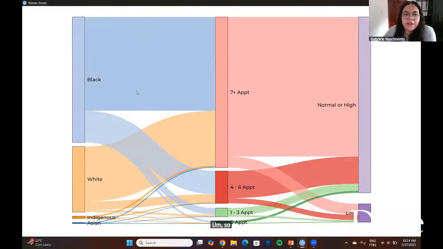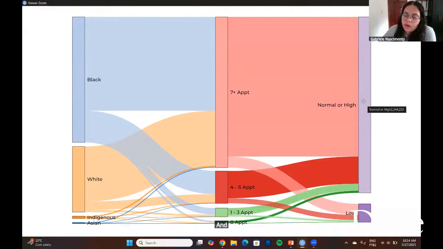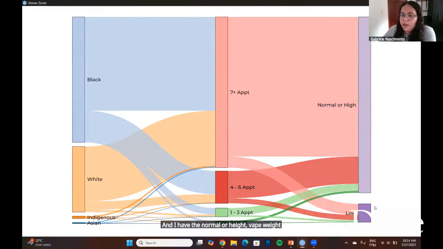So the first column with these boxes are the races. So I have the Black, White, Indigenous, and Asian. And here I have the number of appointments with 0, 1 to 3, 4 to 6, and 7 or more. And I have the normal or high baby weight and the low.